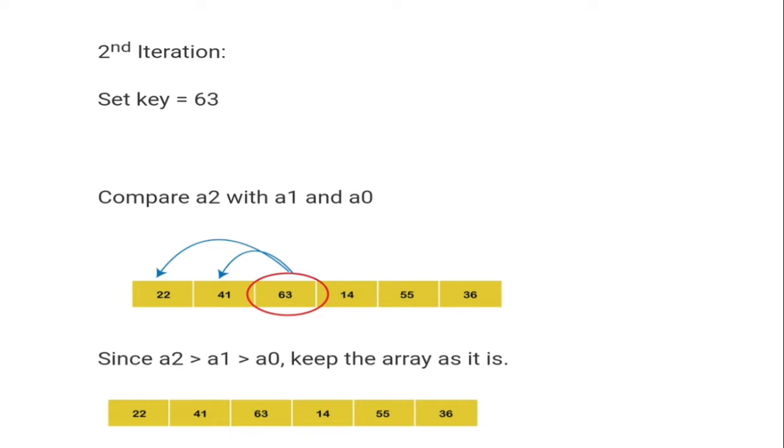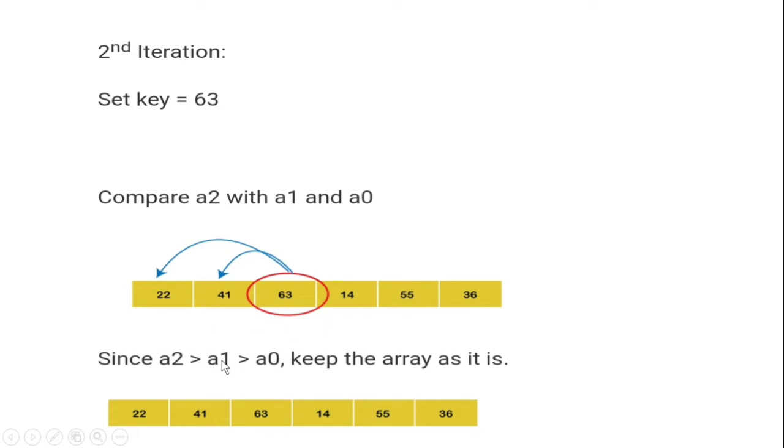There is no need to swap any element of the array, so we keep the array as it is. Now we can see the result: 22, 41, 63, 14, 55 and 36. If a2 is less than a1, then we need to swap the elements of a2 and a1.